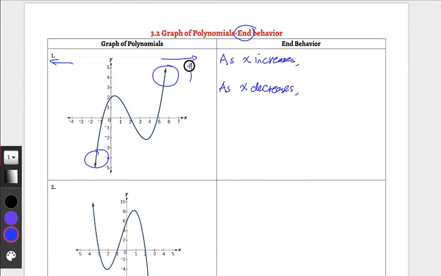This is going up, so that's why y increases. And for the left side, y is going down, so that's why y decreases. So you may wonder, is that it? That's the wording part of end behavior.